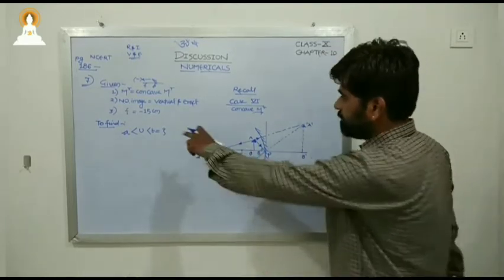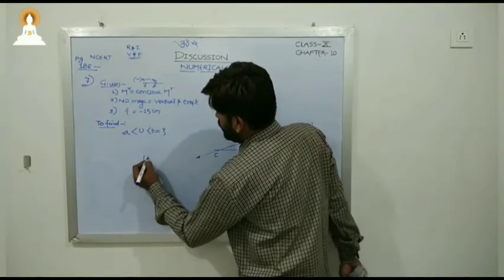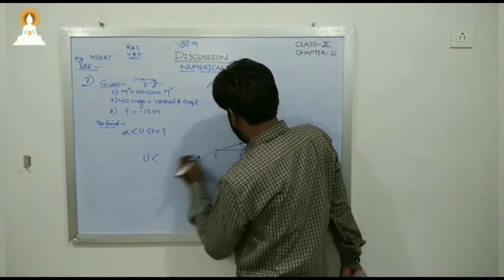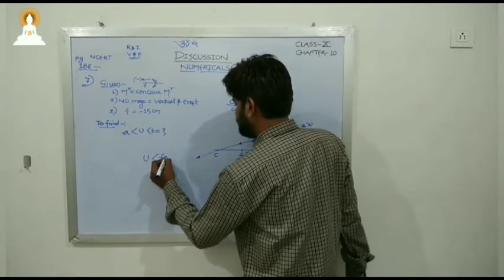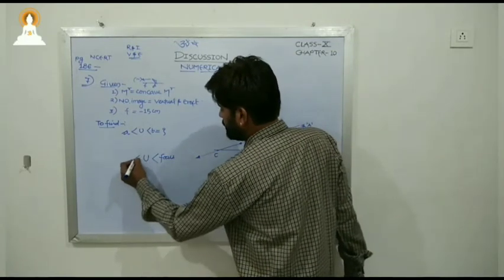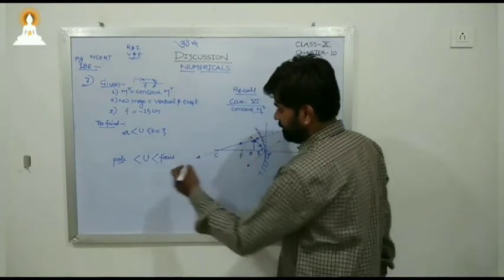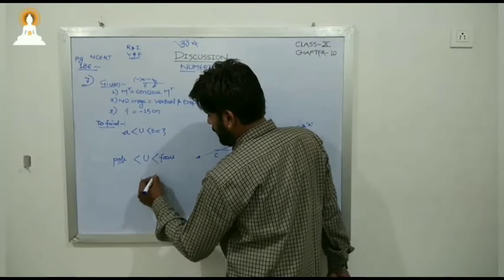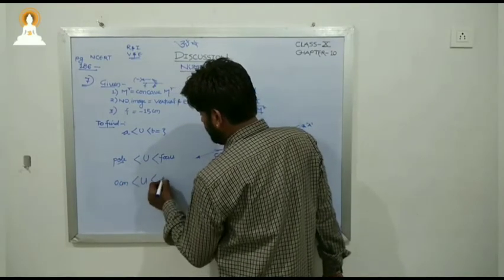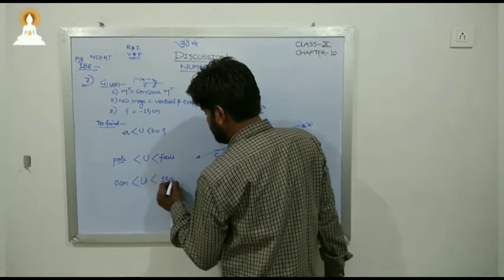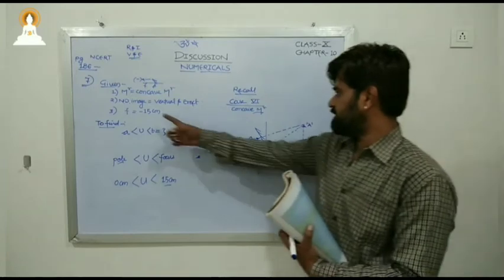So the range will be less than the focus and greater than the pole, which means it should be between 0 centimeter and 15 centimeter, because the focus is 15 centimeter.